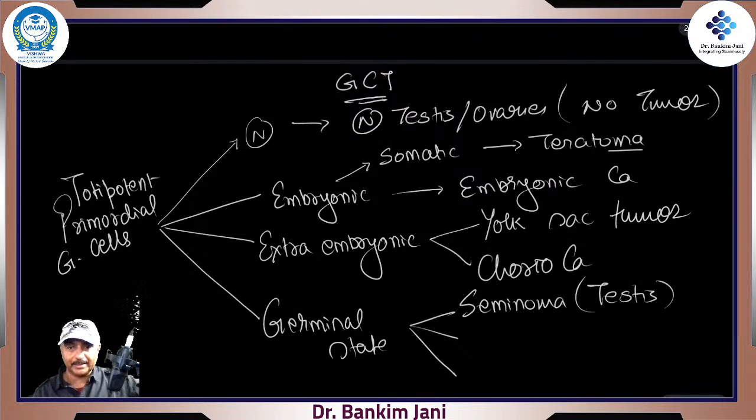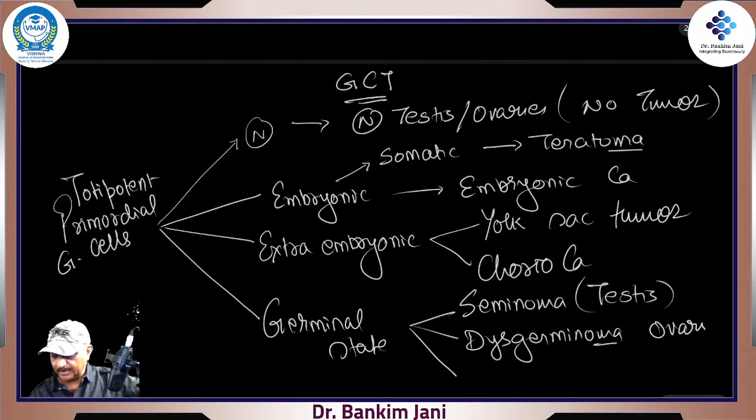In case of ovary, it is called dysgerminoma. All are OMA malignancies. When it is extragonadal, these are gonadal, testis and ovary, when it is extragonadal outside, it is called just the germinoma.